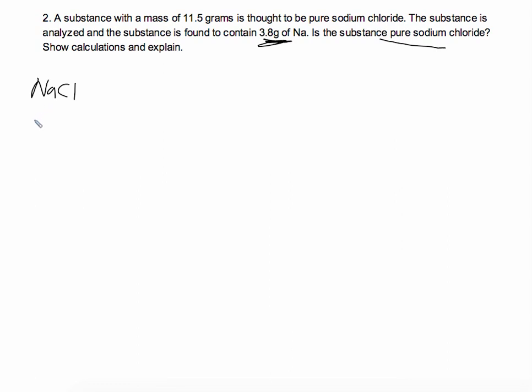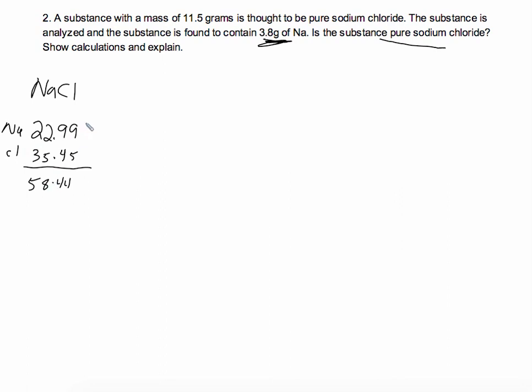So what you do is you just do the molar mass of sodium chloride, which is, if you look up sodium, it's 22.99, and chlorine is 35.45. And then you do the math here, and so you get 58.44. This was sodium, that was chloride. Okay, so the total mass is that.